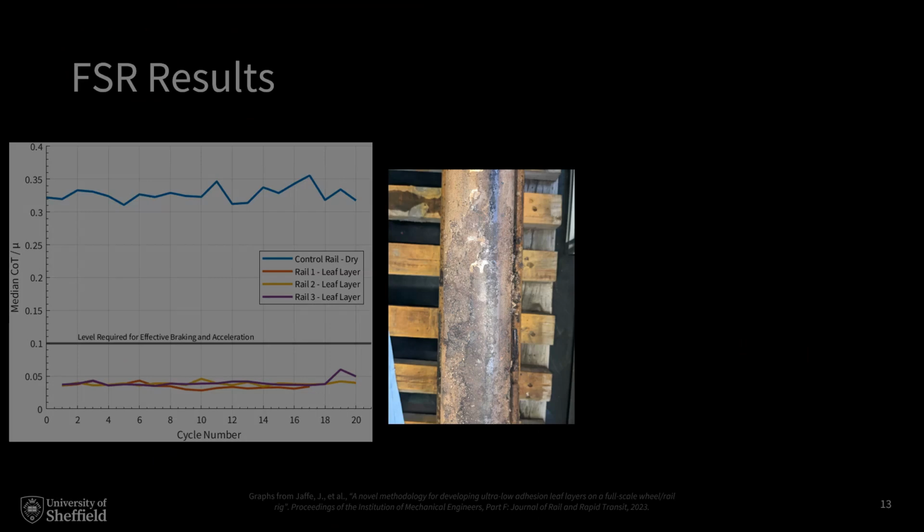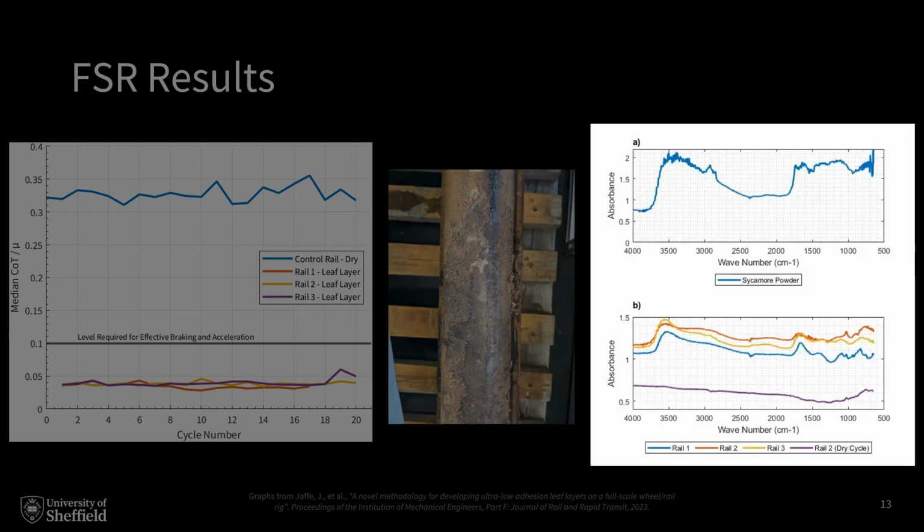You can see that characteristic black coloration on the right-hand side where the contact band is, and we chemically assessed them using a handheld FTIR, and saw some significant chemical changes. At the top, you've got the powder before it was applied to the rail, and then these 3 lines are the 3 leaf layers we made.